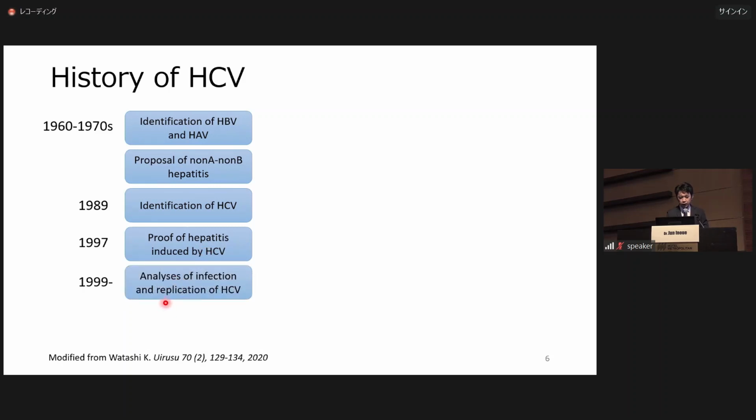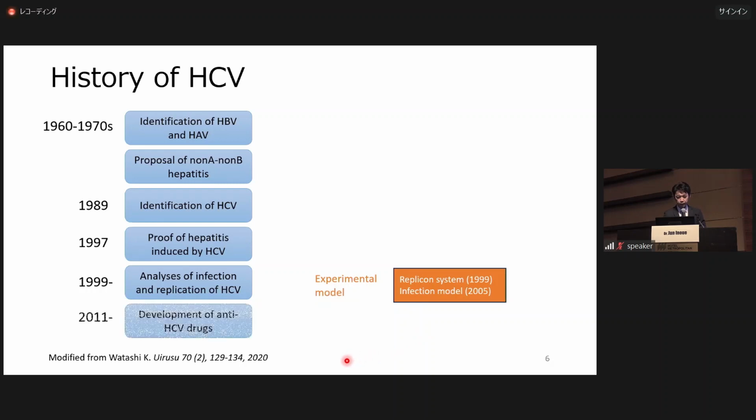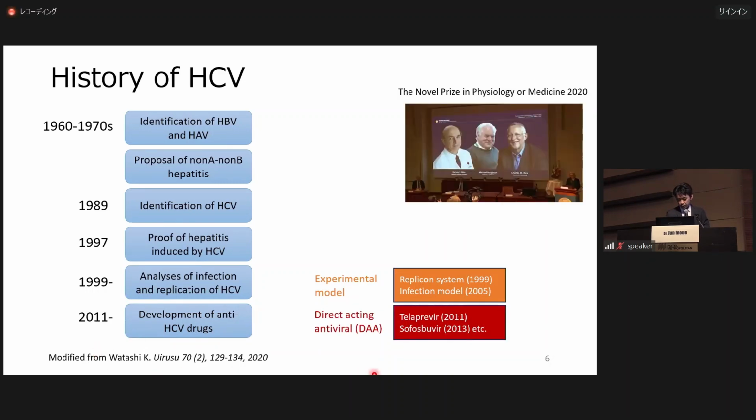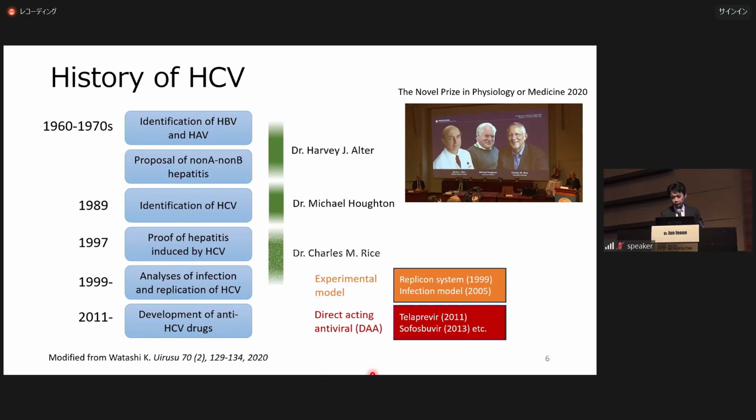Then analysis of infection and replication of HCV was progressed using this experimental model. And using the model, antiviral drugs were developed. So these three doctors were given the Nobel Prize in 2020, as you know.